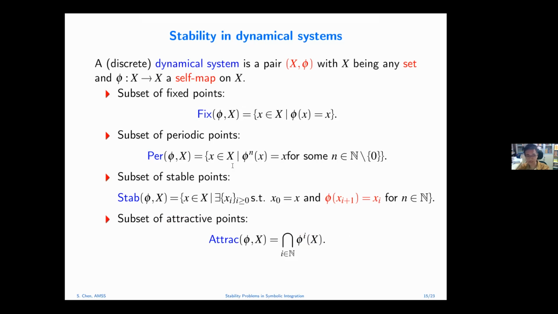As a simple exercise, you can show that the fixed points are included in the periodic points, and you get this inclusion. This is not so hard to show. But in dynamical systems, people are curious about when the last 2 sets coincide. So this is one of the questions.